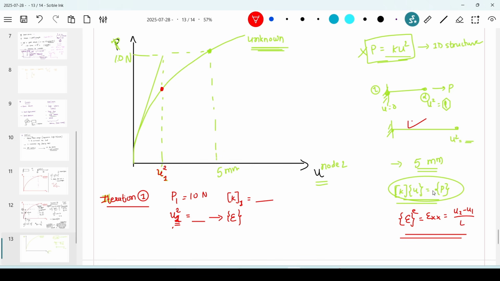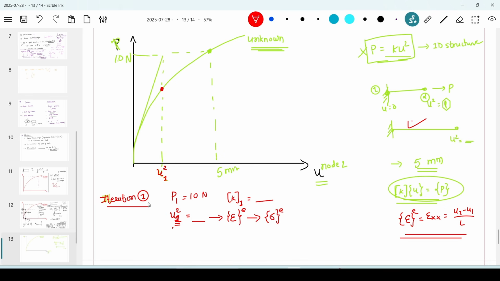Tomorrow I will show this with a calculation. Once displacement is known, strains are known, and once strains are known, stresses are known.